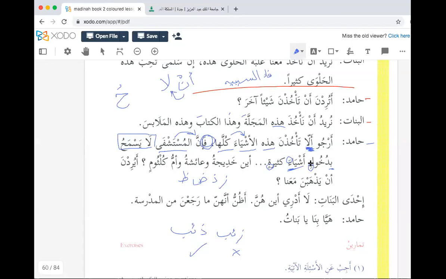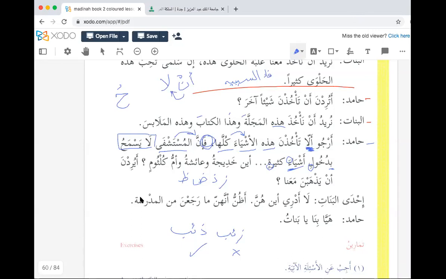It's not maf'ulun bihi. Is it موصوف صفة أو ... Fadl, Sadiq. No, it's not. I think Sadiq hasn't got the mic, that's why he's raising his hand. Fadl, you got it. It's not موصوف صفة. مضاف إليه. أحسنت. صادق وعادل, you both got it right.